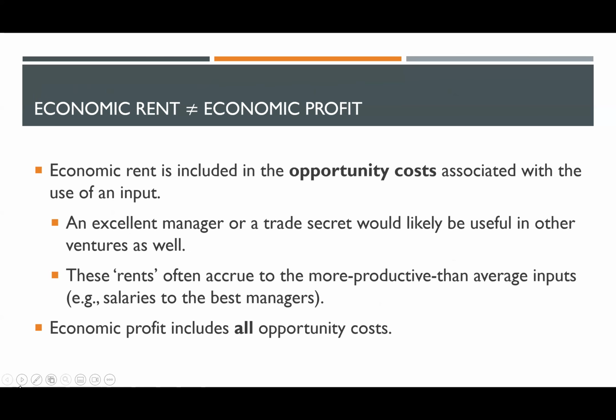Economic rent generally is included in the opportunity costs associated with the use of an input. So those more productive, more specialized workers in Dalton, Georgia have very high opportunity costs. If a company does not pay them for their specialized abilities, they're going to go elsewhere.